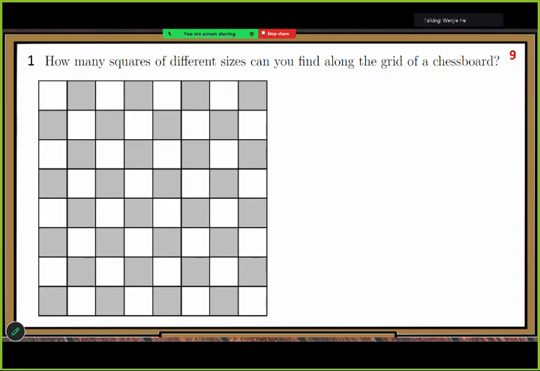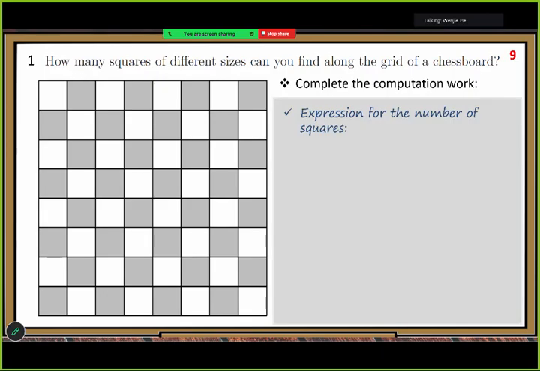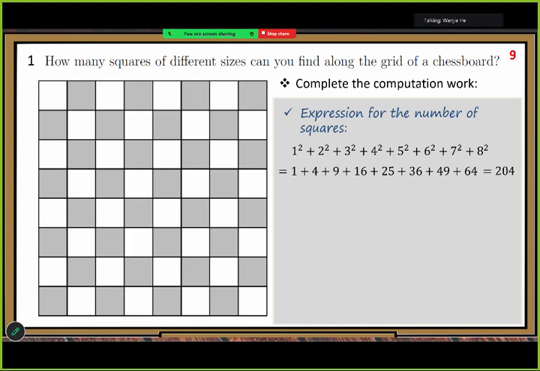Then we need to find the answer, because now we are ready to get a final answer. For the number of squares, we add all the subtotals, so we want to get a total. So we can find the final answer.